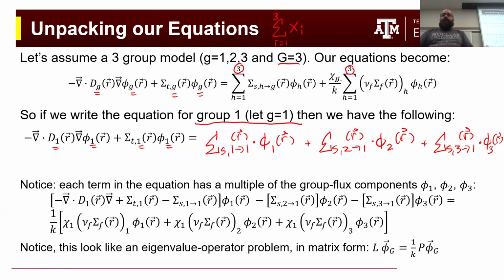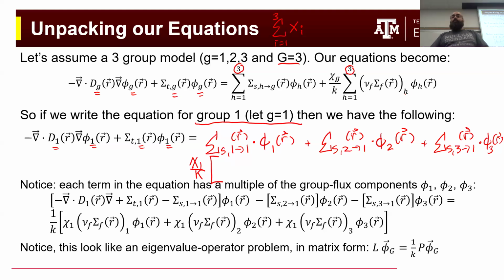And I would have 3 terms for this fission production term as well. In this term, I only have h's inside of the sum, and chi g is going to be the same. If I'm writing this equation for group 1, then for each of these terms, chi g is just going to be chi 1. So I'm going to have chi 1 over k times the terms inside of that sum.